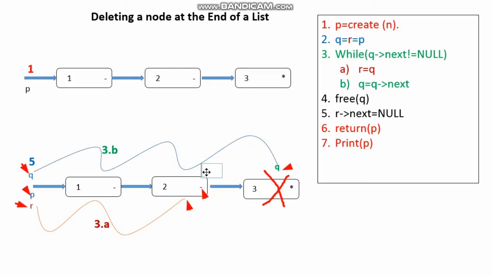That is my last node. That's my R. And of course then return P, because my pointer is at the beginning of the list, P, which will be returned, and I have my original list which can be printed using a statement called print P. So once you look at this diagram, now I think it's clear. So I have deleted this node and I have also kept this as null. Thank you.